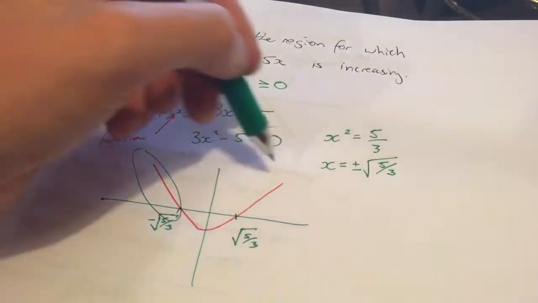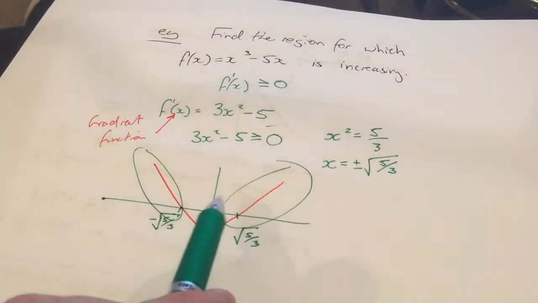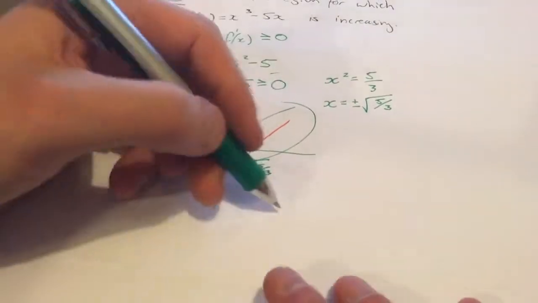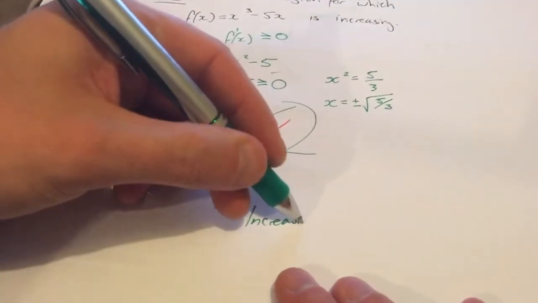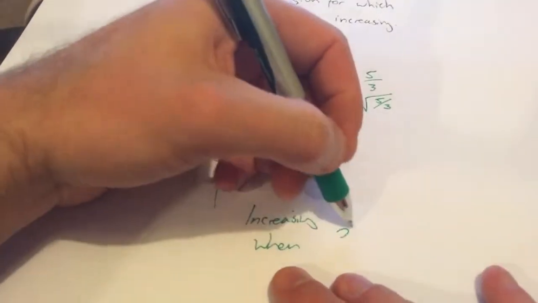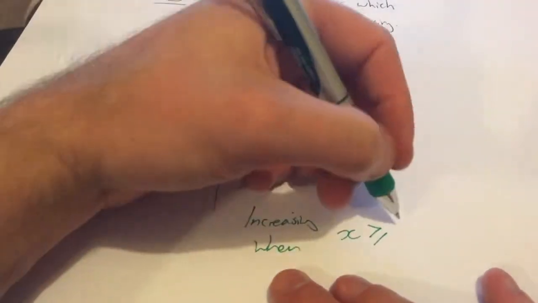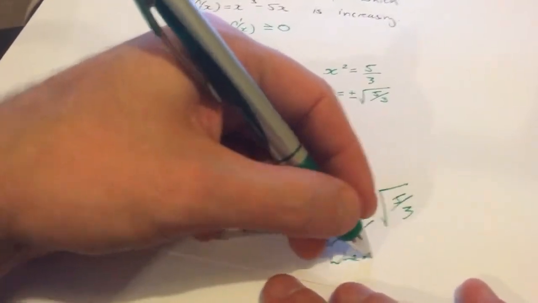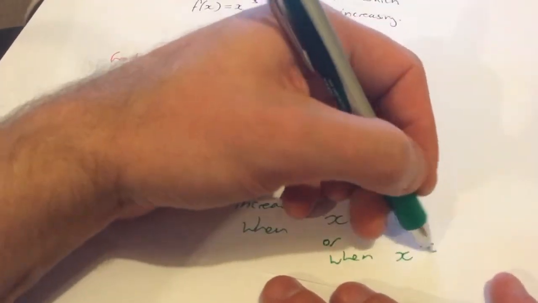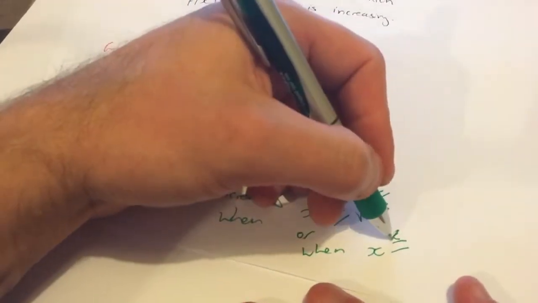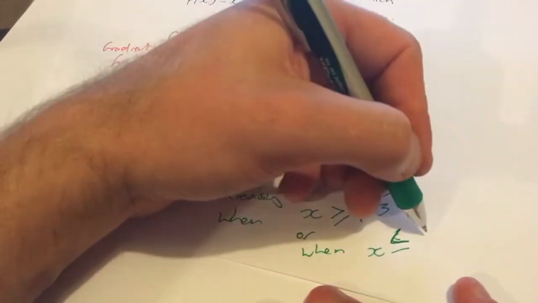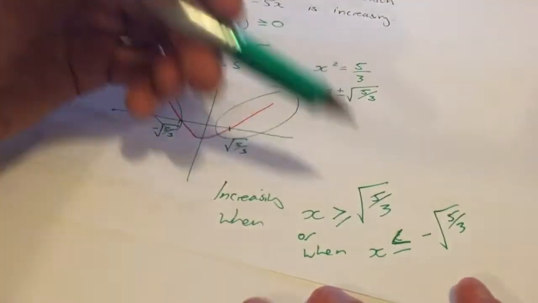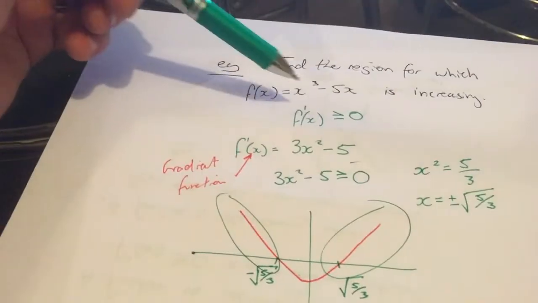So there are actually two ranges of x values that make our original function increasing. It's increasing when x is greater than or equal to root 5 over 3, or when x is less than or equal to minus root 5 over 3. Those values make this thing increasing.